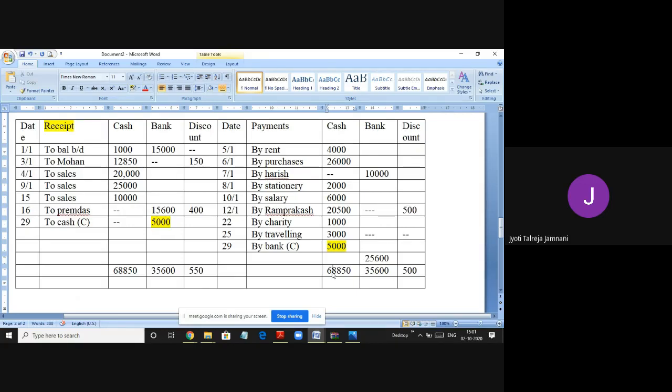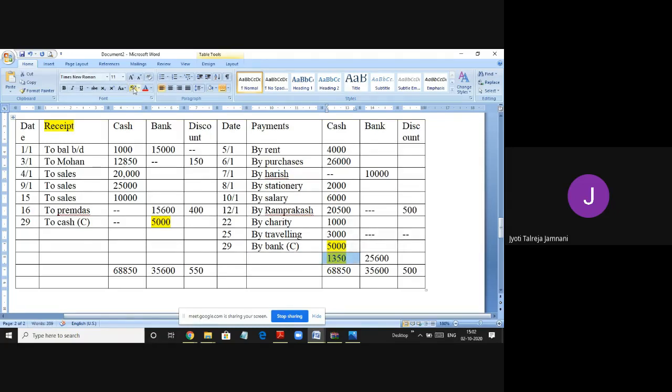So from 68,850 we have to minus all that. The total here 20, 20, 40, 40, 50, 50, 60, 65, 66, 67, 68,850. So that's correct. You minus everything from that. Just give me a moment. So we'll write the answer. You get 1350. So this is the balance.